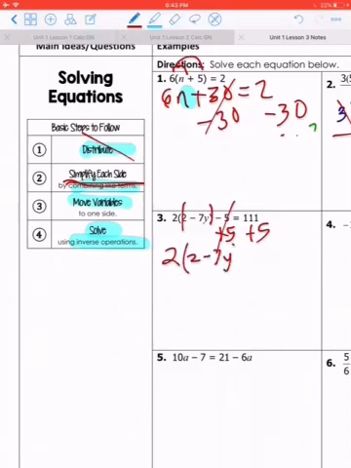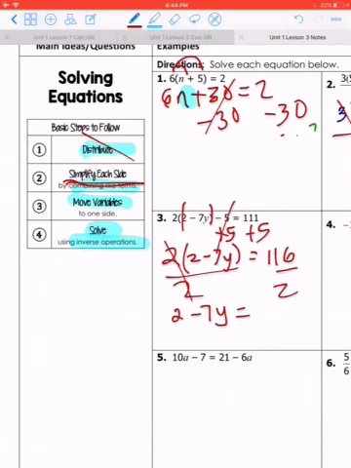It's kind of the opposite of using order of operations, right? You go backwards. And then instead of distributing that 2, you can divide both sides by 2, and that way you don't have to distribute. It takes a couple steps away. If you want to, you can. You should get the same answer as me.